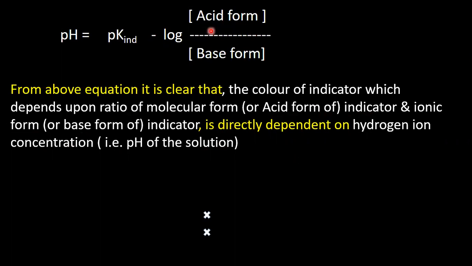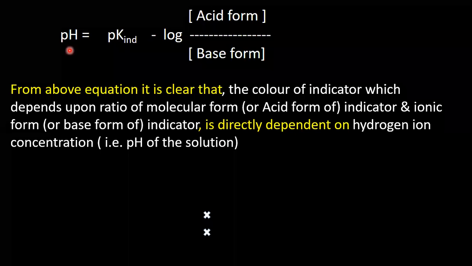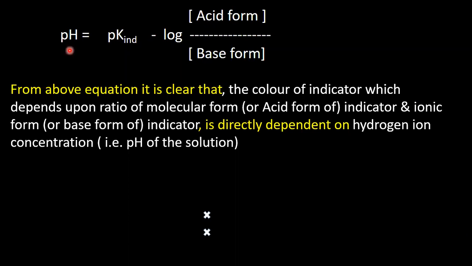Because of the concentration of the acid form or base form of the indicator, and this ratio is nothing but the pH of the solution. So we can make a generalized statement that the color of the indicator depends upon the pH of the solution, or upon the concentration of hydrogen ions, right?